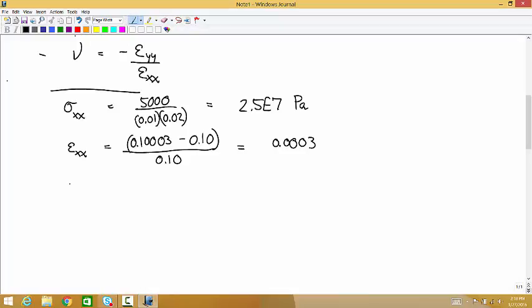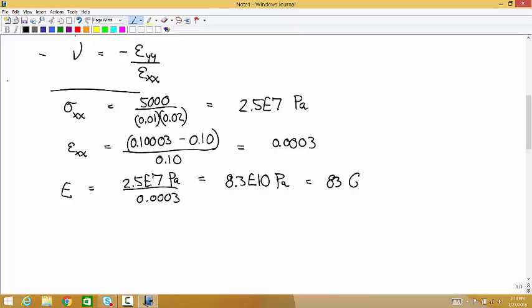Okay, so Young's modulus then is 2.5 times 10 to the 7th pascals divided by 0.0003. And what do you get for that? So you could say that is 8.3 times 10 to the 10th pascals, or 83 gigapascals.